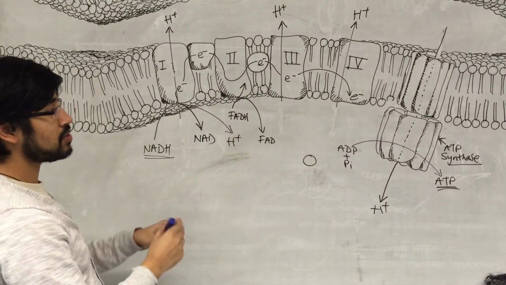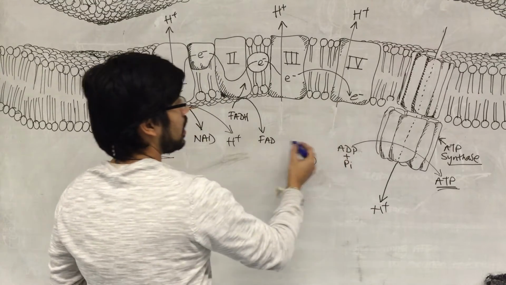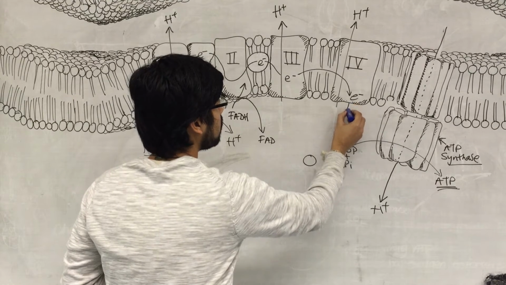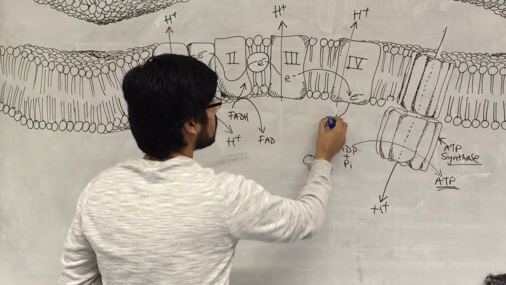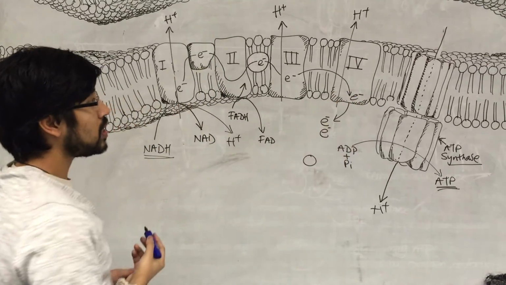But for simplicity, I'm just going to call it oxygen. So oxygen comes along, and what it will do is it will combine with one electron, and it can accept 2 electrons.